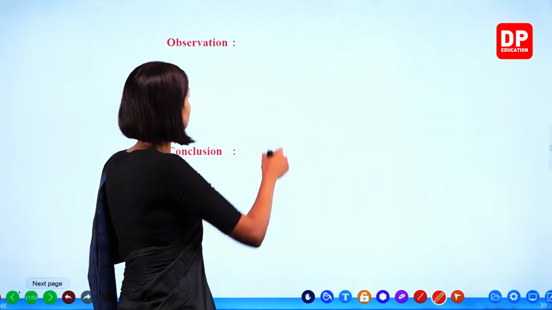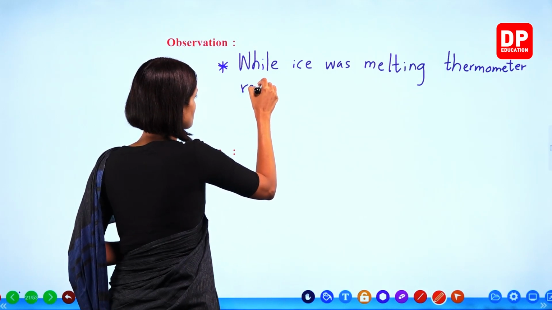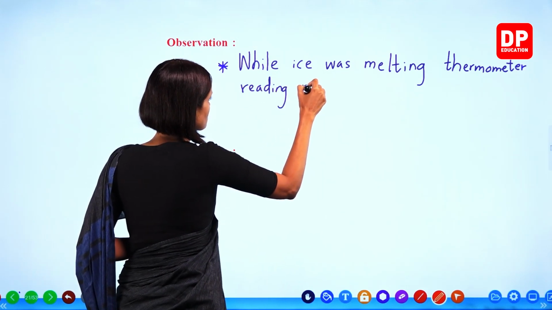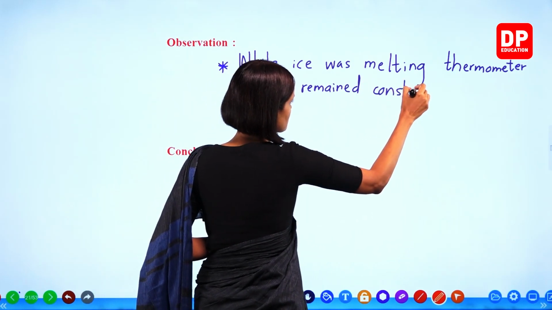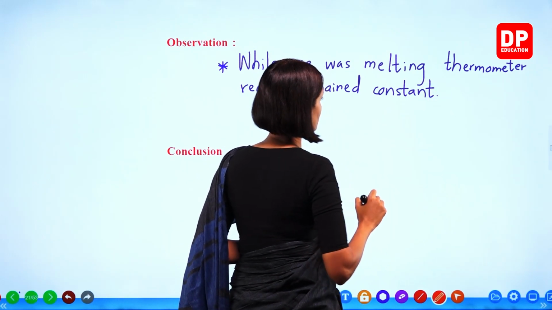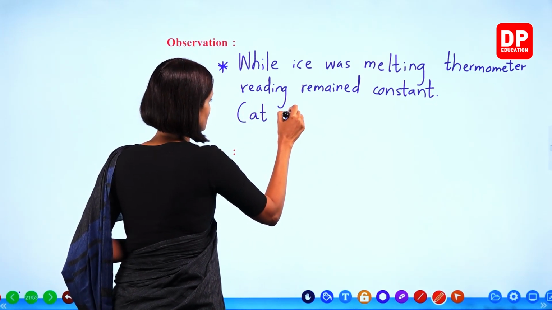So, observation. While ice was melting, thermometer reading remained constant, and 0 degrees Celsius.